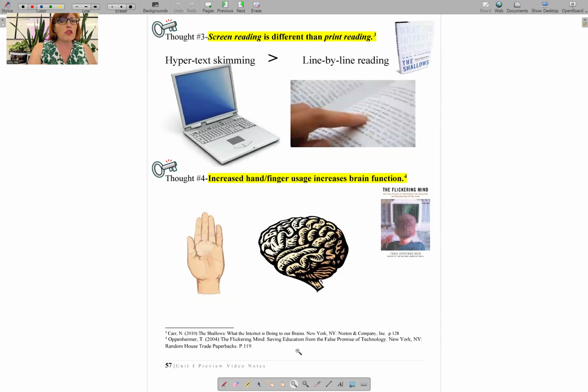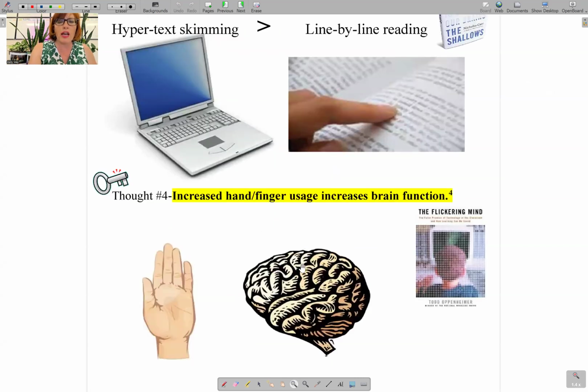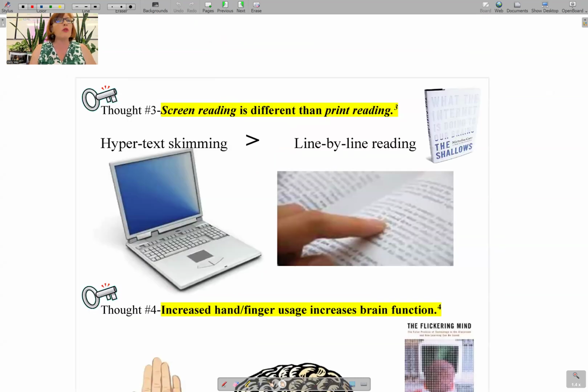Another super important thing you need to know is that reading on a screen or a tablet is different than reading a physical book. If you're ever given the choice of an online textbook versus a physical book, you should always choose a physical book. On a screen, our eyeballs tend to wander. Therefore, we skim. That's why when you do web design, you have only about 3 seconds to grab people's attention.